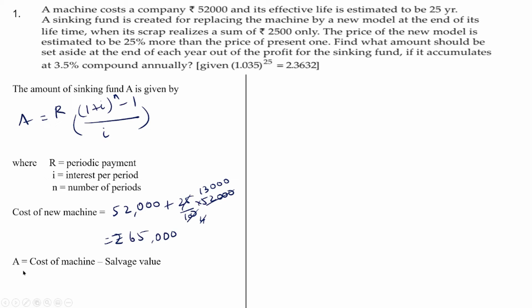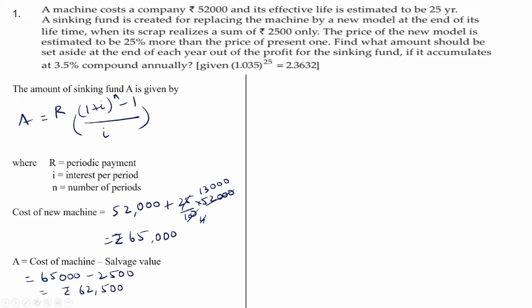The amount that has to be accumulated in the sinking fund is the cost of the machine minus the salvage value. The salvage value or the scrap value is given as 2,500. So it is 65,000 minus 2,500, which is 62,500.